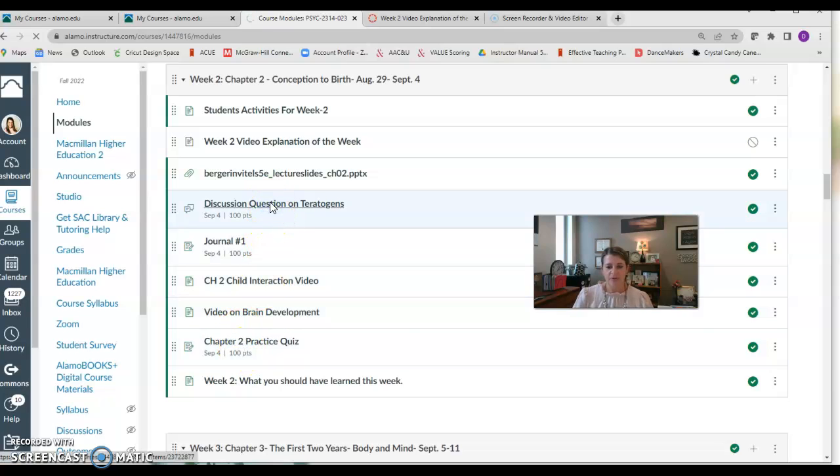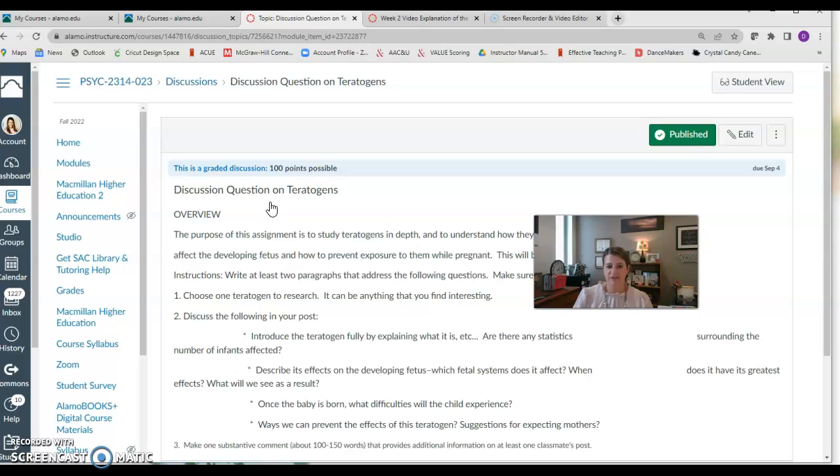Let's take a quick look at your discussion question on teratogens. Last week you did your first discussion question where you introduced yourself to the class. The format's going to be pretty much the same in terms of what you post initially will be visible to all the students in your class.